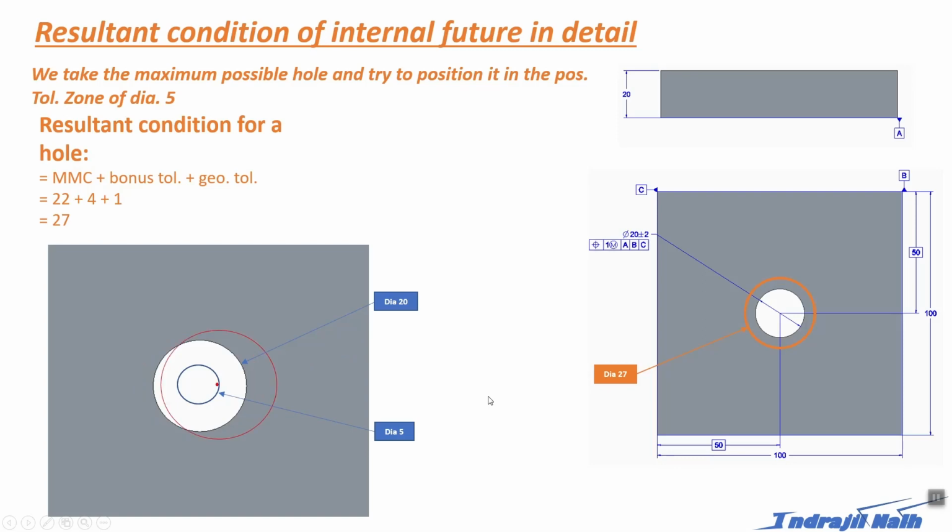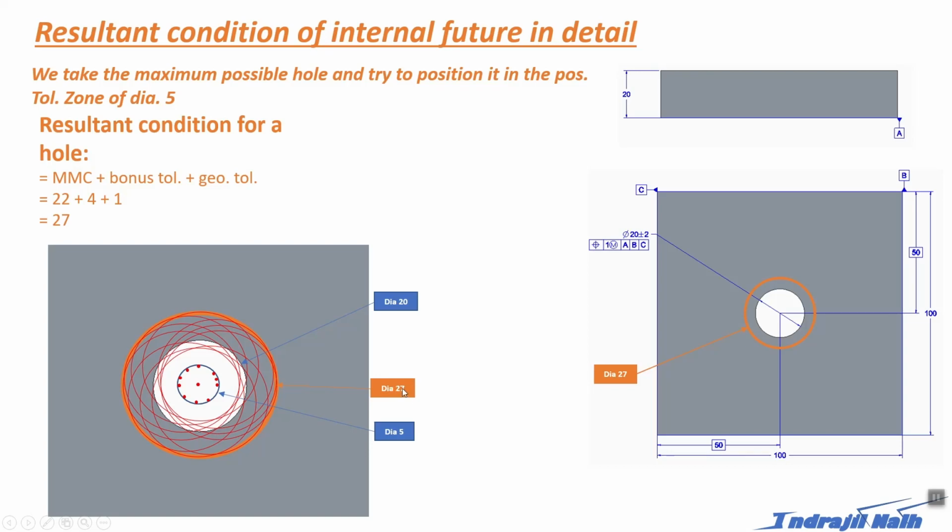Somewhat like this. It can go here, it can go here, all these regions it can go. So it will also form a basic structure just like the previous one. Here, if you connect the tangents of the outer region, it will form a diameter of 27.